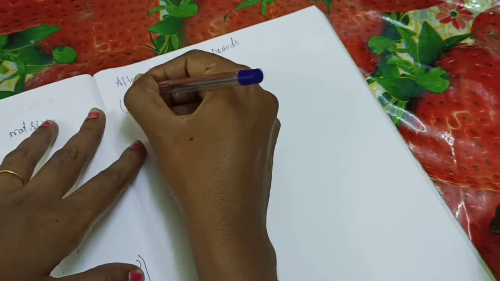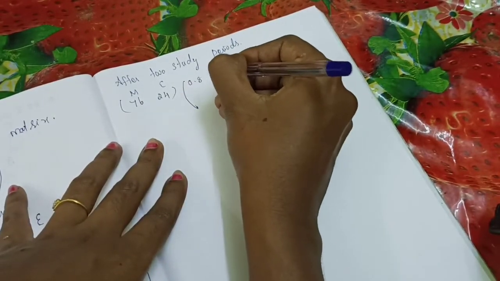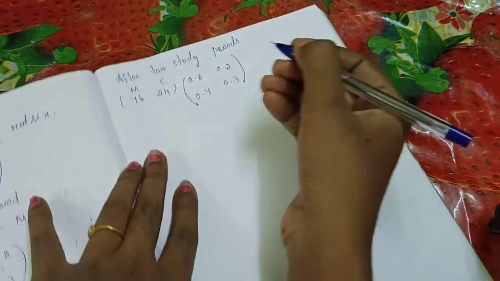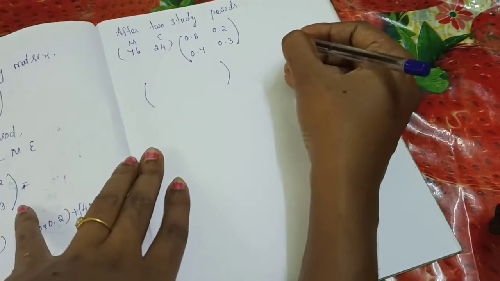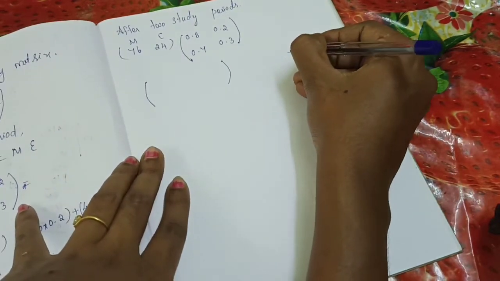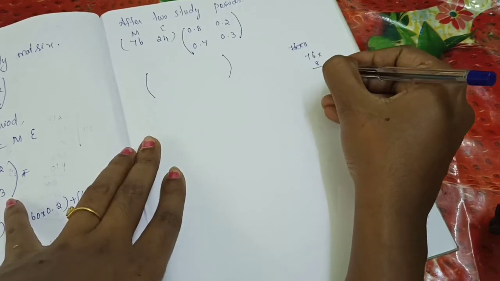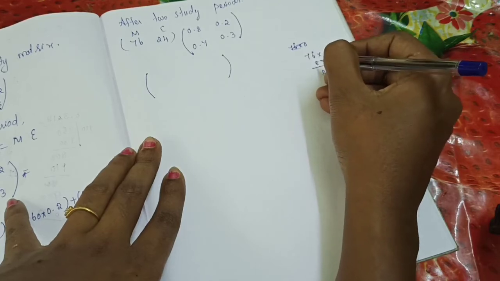7624. This is M value, this is E, that is M into T. Transition matrix 0.8, 0.2, 0.7, 0.3. Multiply. It is somewhat difficult, so separately you multiply and write. 76 into 0.8, that is 76 into 8 you multiply. How much will you get? 7 8s are 56, 8 8s are 64.